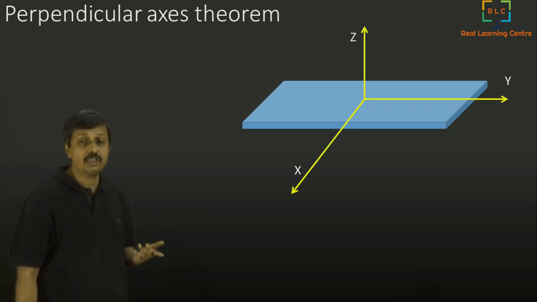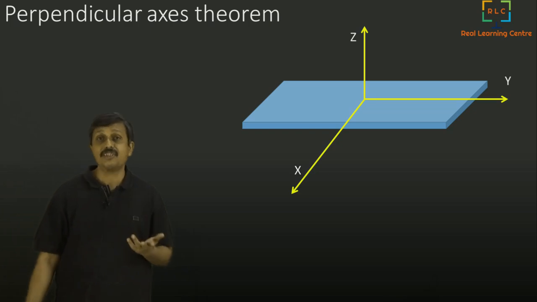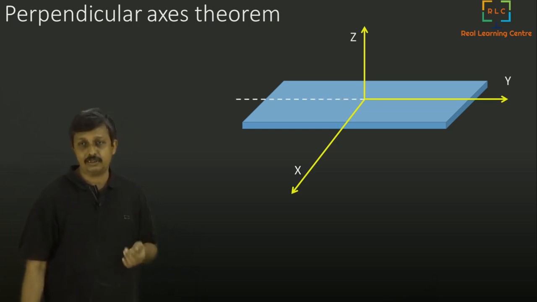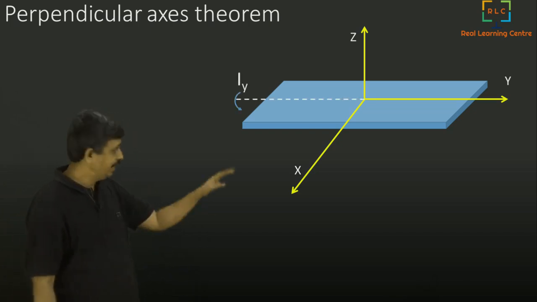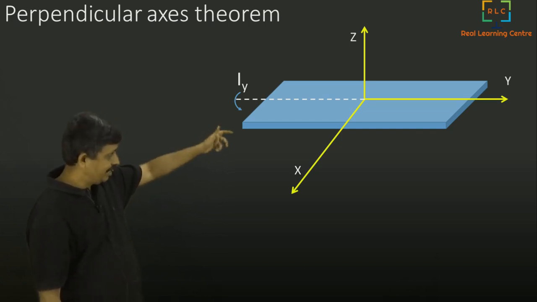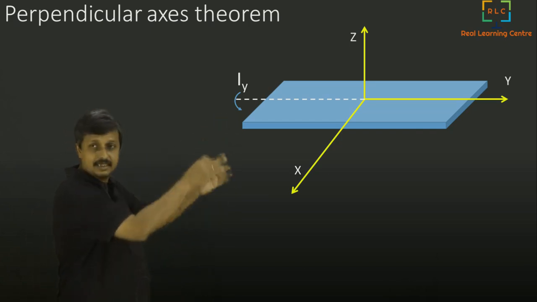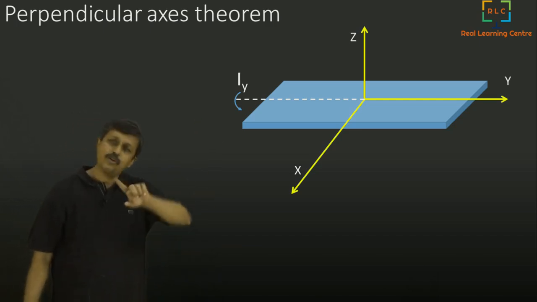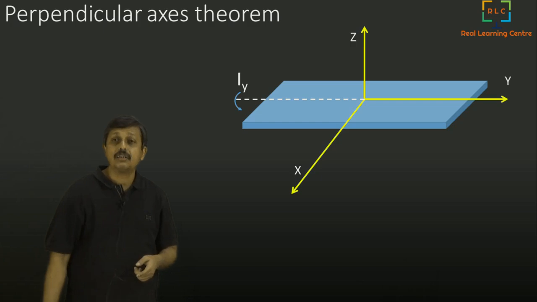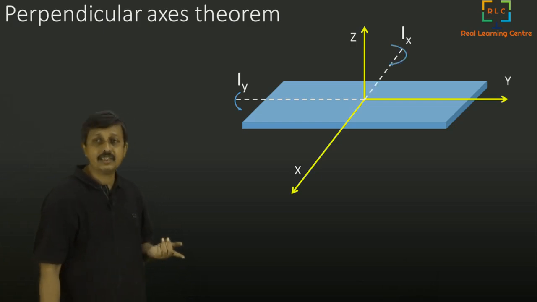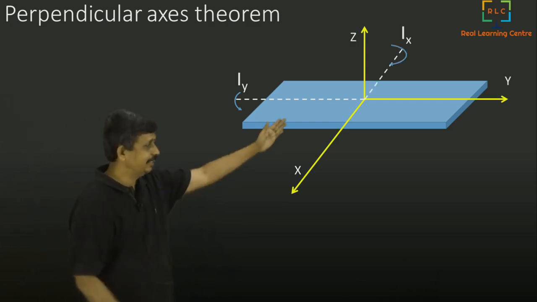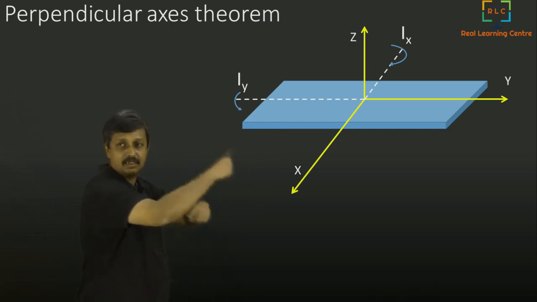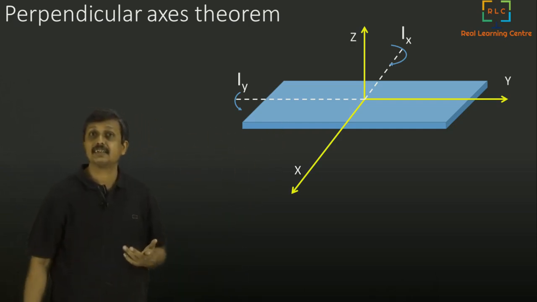Now we can calculate moment of inertia about each one of these three axes. For example, if you rotate the object about the y axis, Iy is the moment of inertia for that, I about y axis. Similarly, it is possible to calculate moment of inertia about the x axis, Ix.